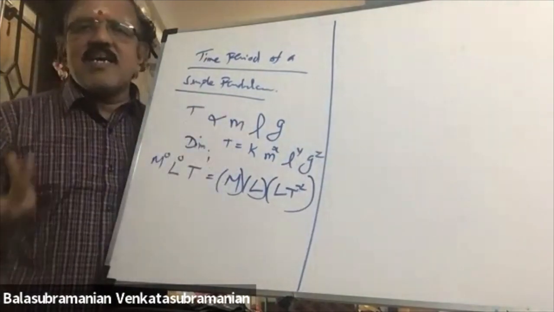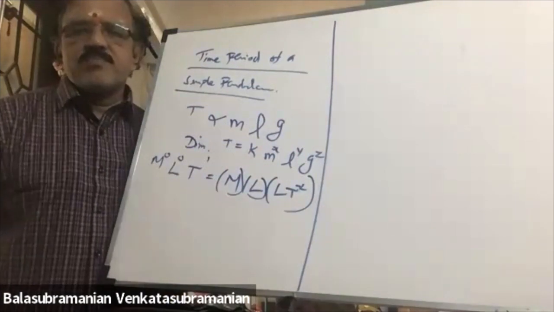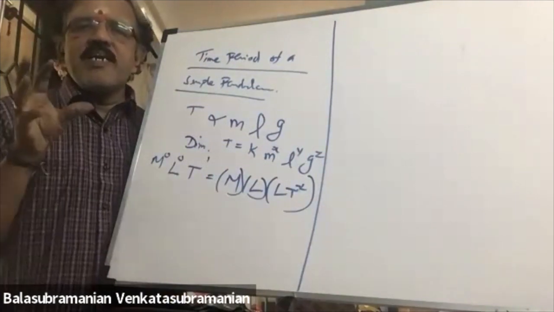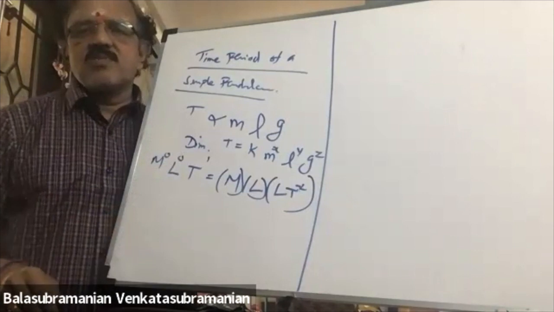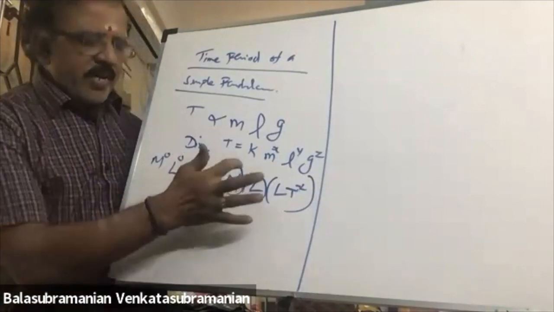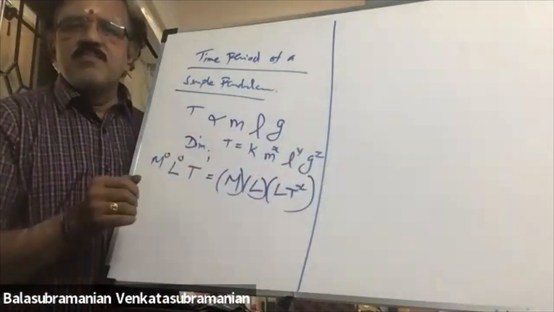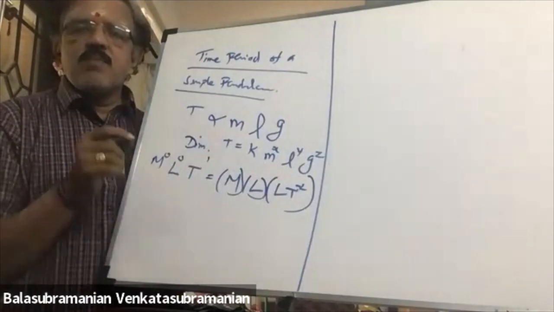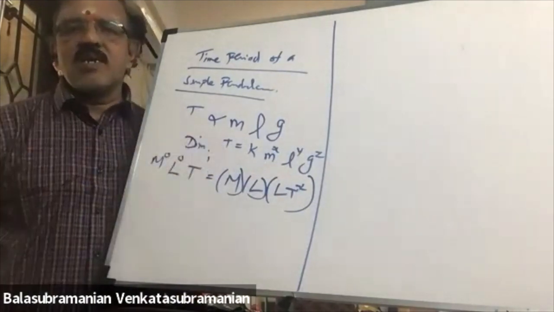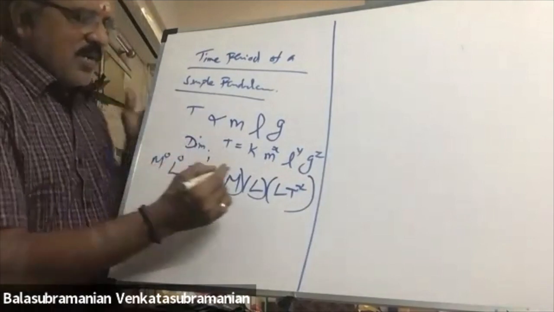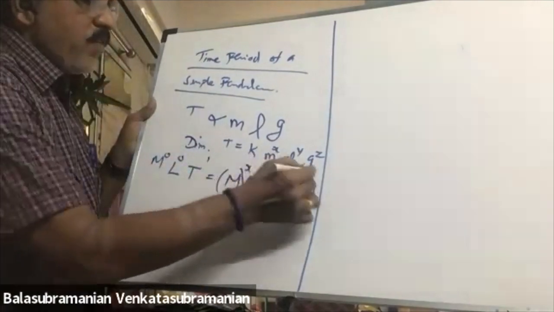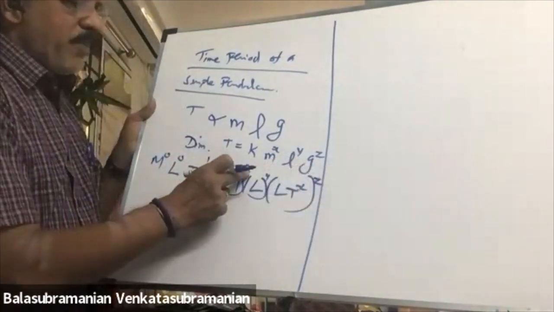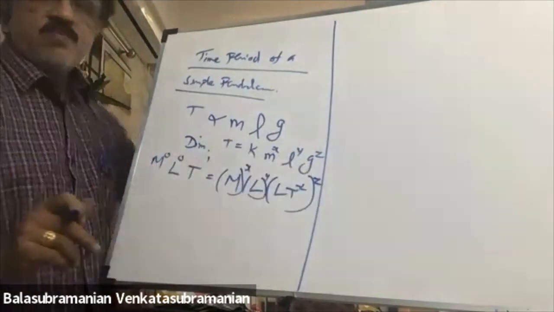I don't know what is the exact formula. I know only it is depending on these three quantities. So I am putting X, Y, Z for length, for mass, and for acceleration due to gravity. Writing the dimensional formula for all, and again I am putting power X, power Y, power Z.